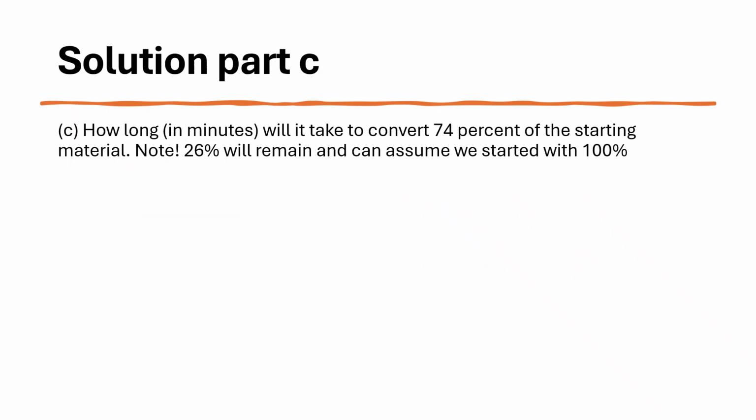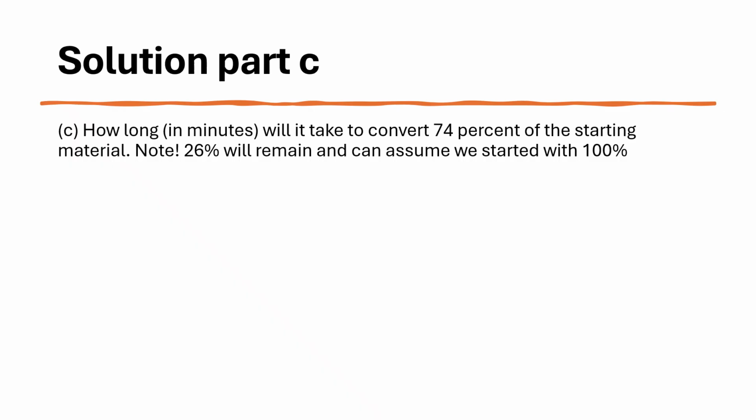Part C involves how long, in minutes, it will take to convert 74% of the starting material. We are trying to trip you up here, because when we say converting 74% of the starting material, what we're really saying is that 26% is going to be left.